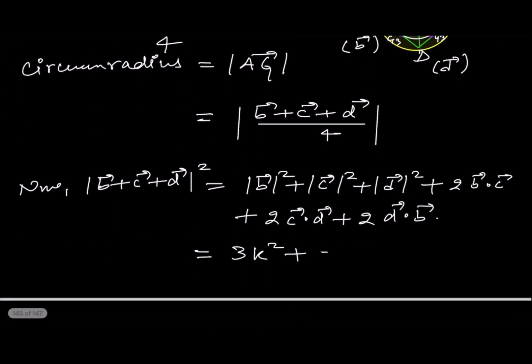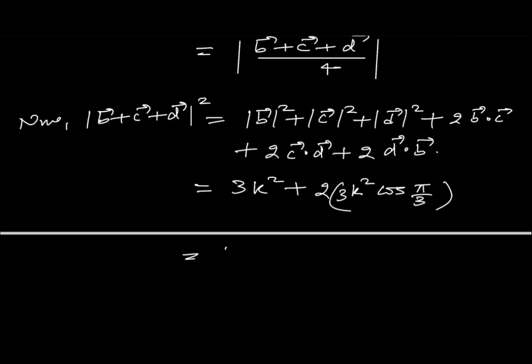So this will be 2 common BC, that is K square cos pi by 3. This will become 3K square plus 2 into 3K square into 1 by 2.